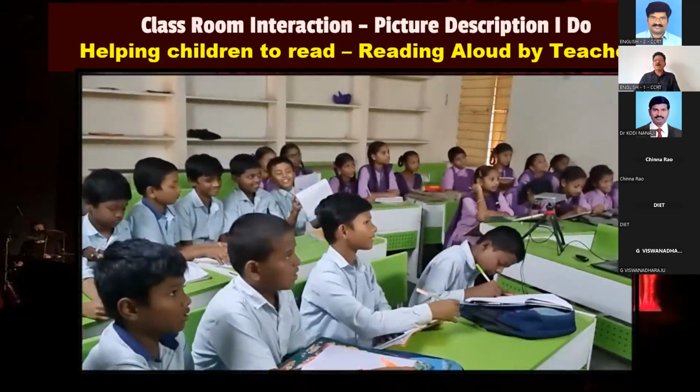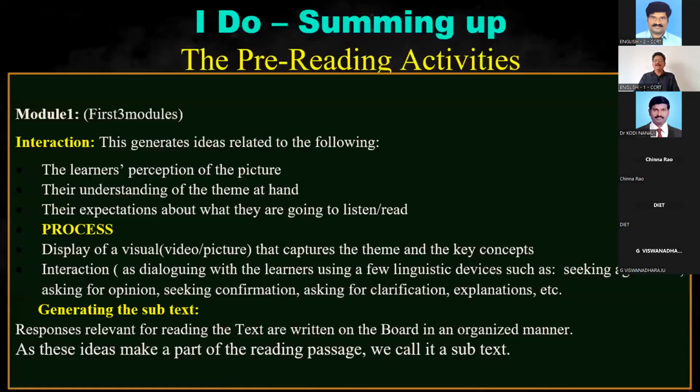Okay, this is how we help the students, and this is exactly what we have done in this I do, the pre-reading activity. The first one is the interaction process, where we allow the children to respond, and they come up with their perception of the picture, their understanding of the theme, and their expectation about what they are going to read.